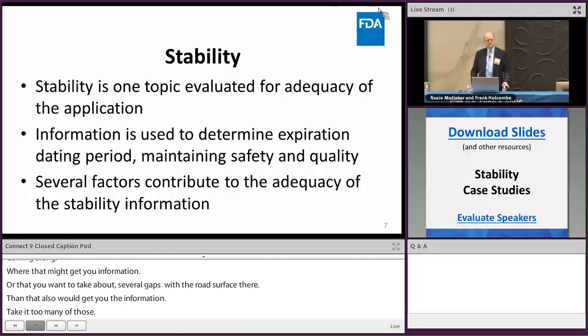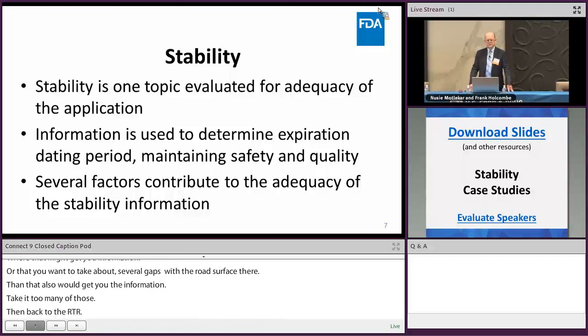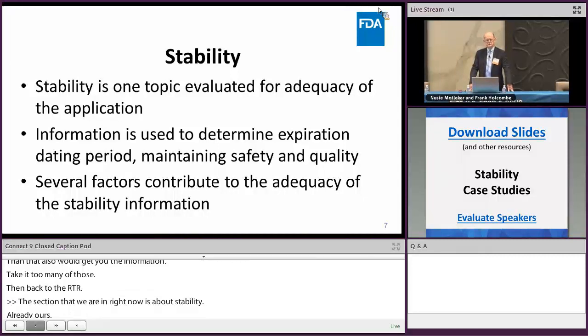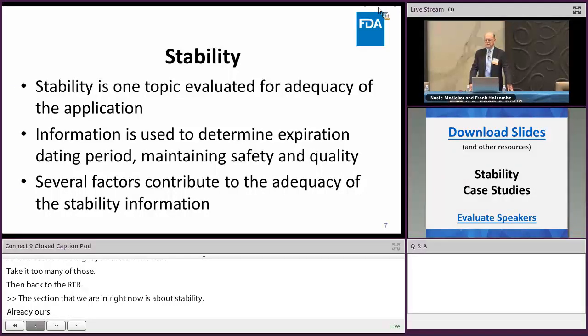The section that we're in right now is about stability RTRs. That's because stability is one critical topic that is used in evaluating the adequacy of the application.